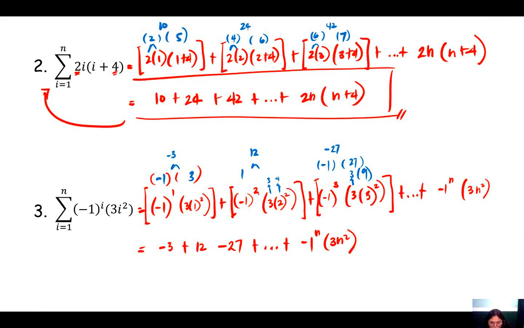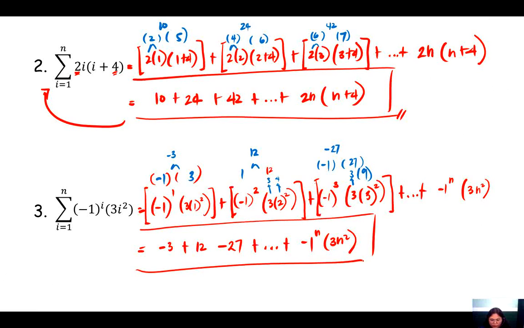Negative 1 raised to 2 is 1. 2 squared is 4, and 4 times 3 is 12. Then 12 times 1 is 12, correct. Negative 1 raised to 3 is negative 1. 3 squared is 9, 9 times 3 is 27, and negative 1 times 27 is negative 27. So this is the expanded form of this summation.